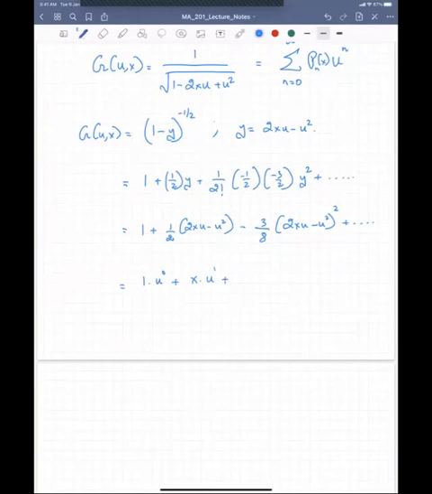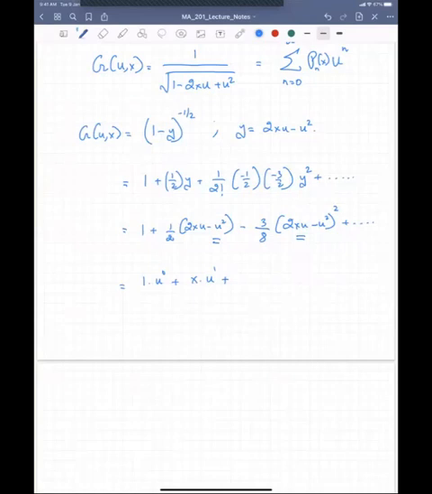Now there are two terms that can give you a u square. There is a u square here, okay, and then there is a u square here. Now remember that I should not take the fourth power and third power arising out of the second term seriously, because I also have third power and fourth power in the consecutive terms of this binomial series, which I have neglected. So I should stop at second power because I'm only expanding to second order.